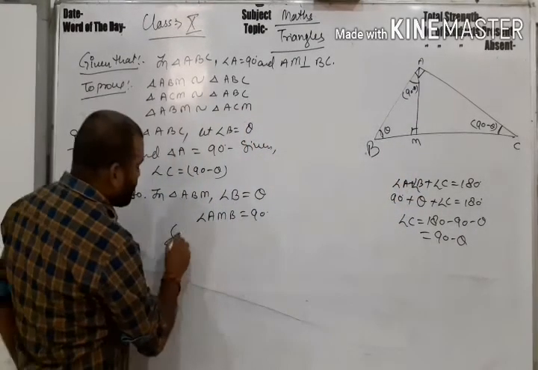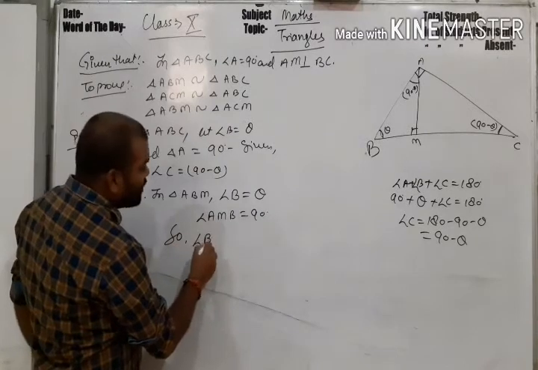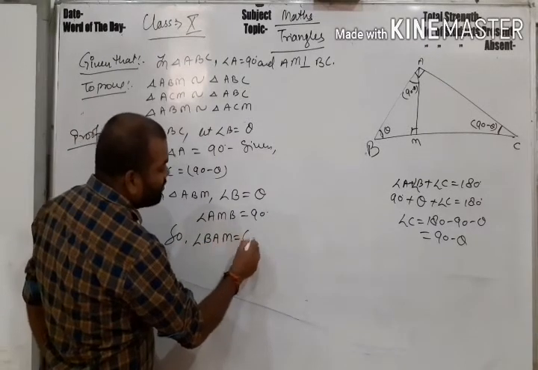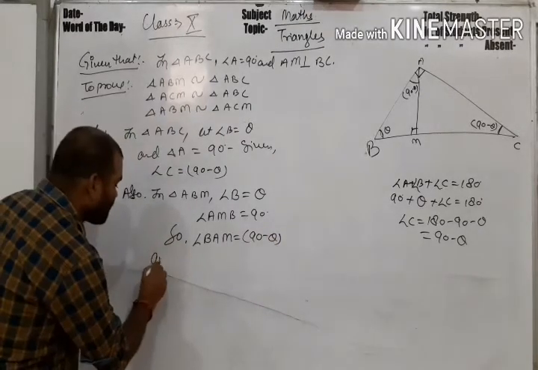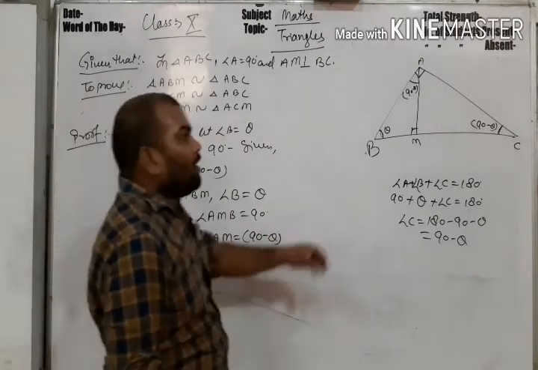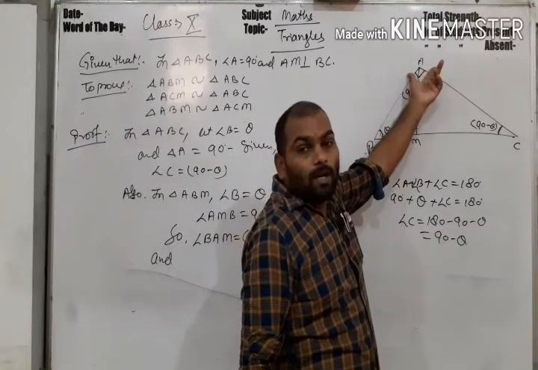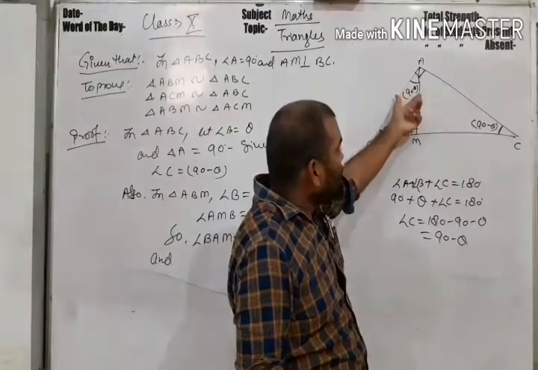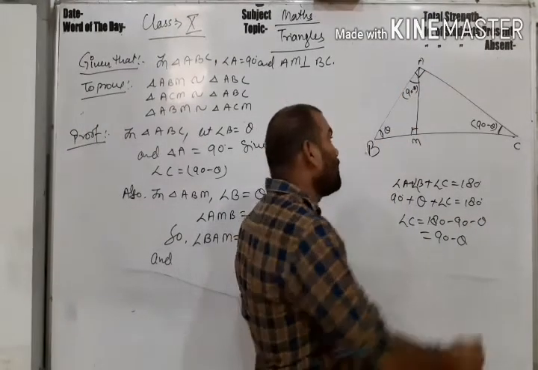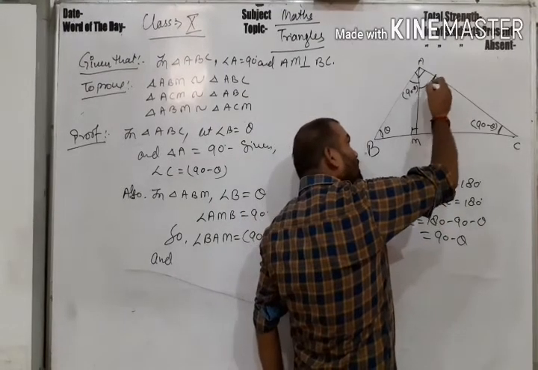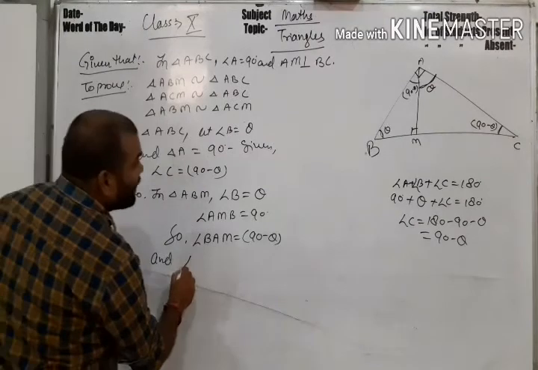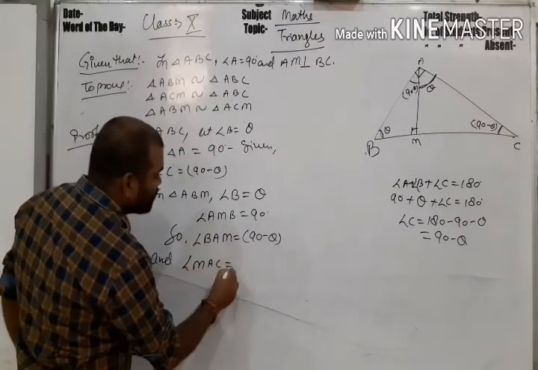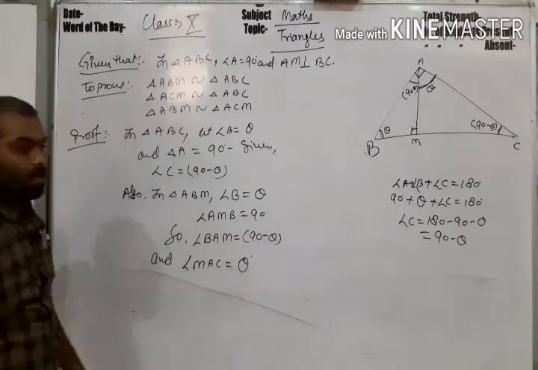Okay? So angle BAM becomes 90 minus theta. If you see, this whole angle A is 90 degree. Out of this, one angle is 90 minus theta. So what about this angle? This becomes theta, and angle MAC is equal to theta degree. Clear?